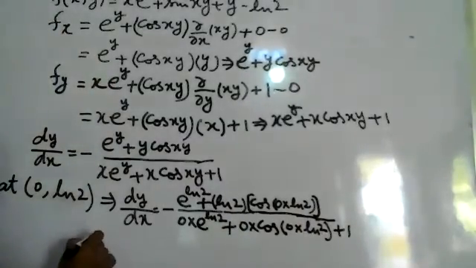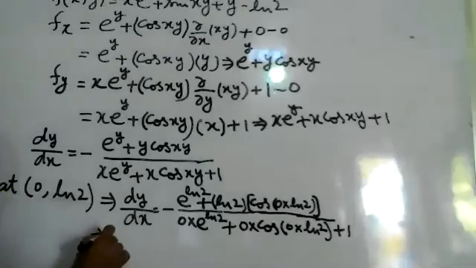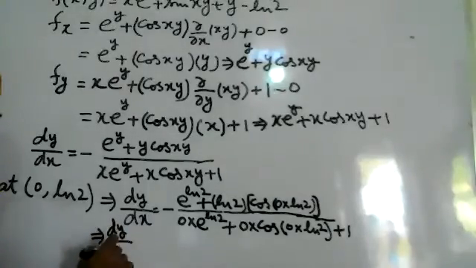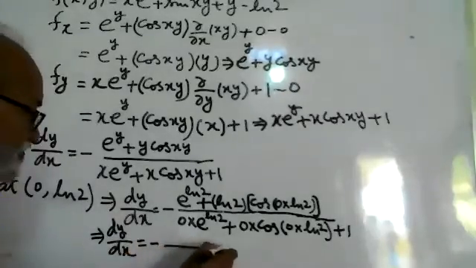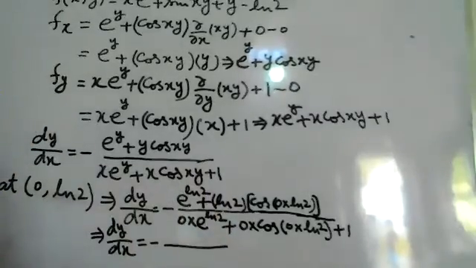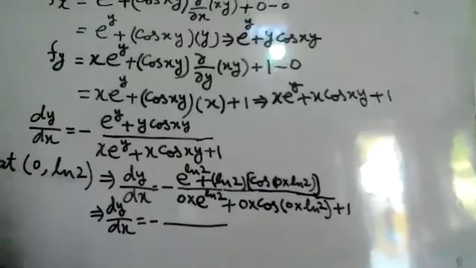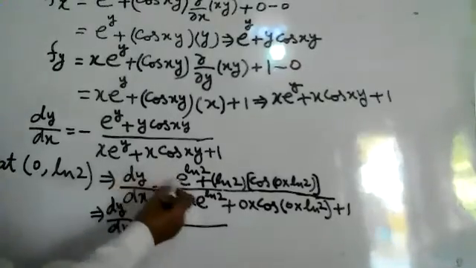It will become dy upon dx is minus e raised to power ln2.